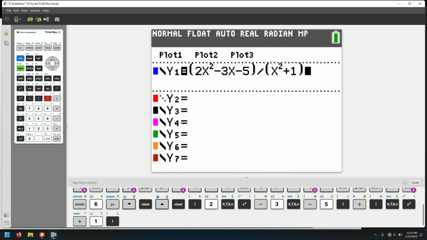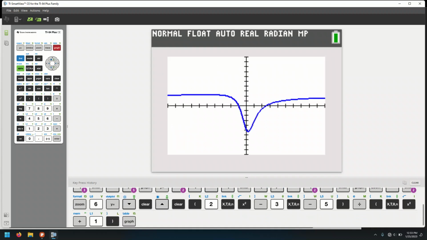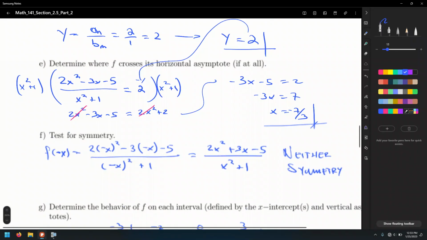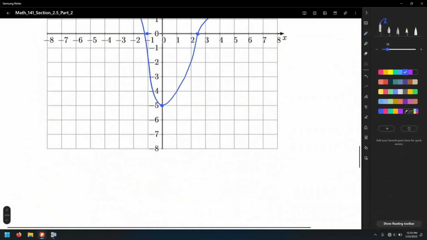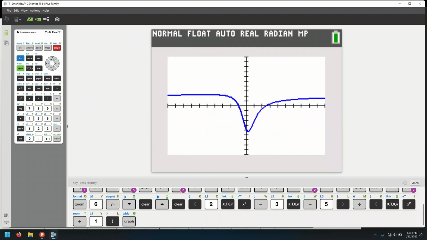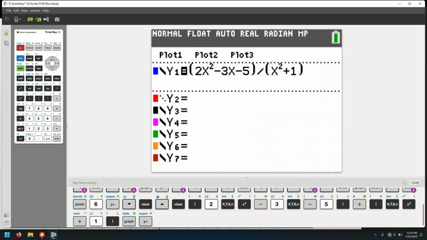All right, and graph. It sort of looks like the graph that we drew by hand, right? Let's have a look at the horizontal asymptote. So the horizontal asymptote, what was that? y equals 2. Just so you can see the asymptotic behavior on the graphing calculator.